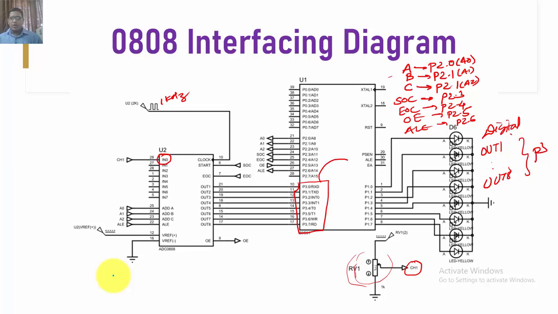I am going to forward this data as it is to port P1, so that I can read it on the LEDs by changing the resistance. So this is the scenario, and for this we are going to see the simple program in Keil as well as its implementation in Proteus.